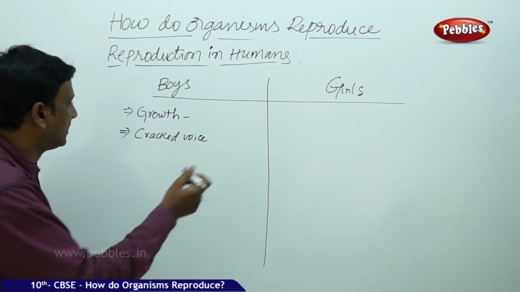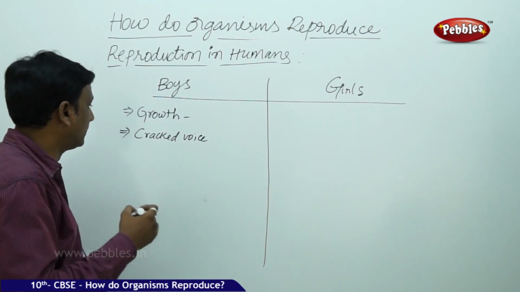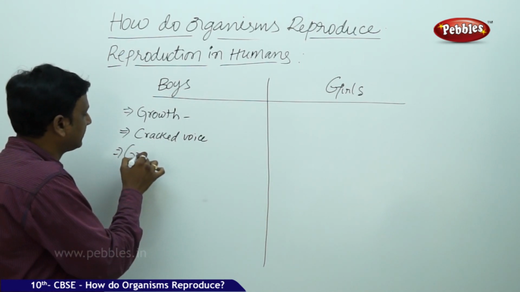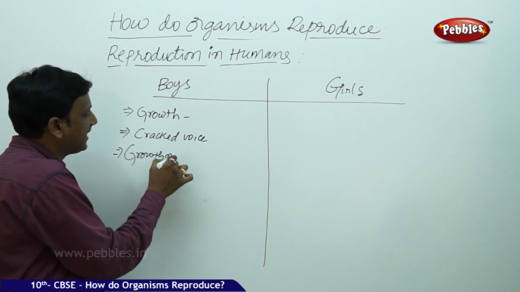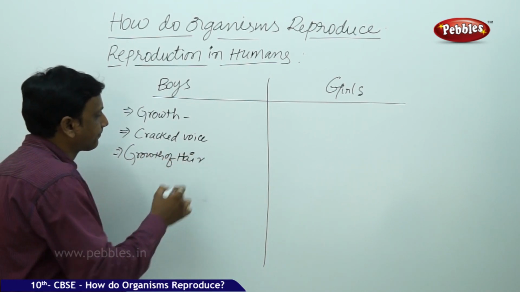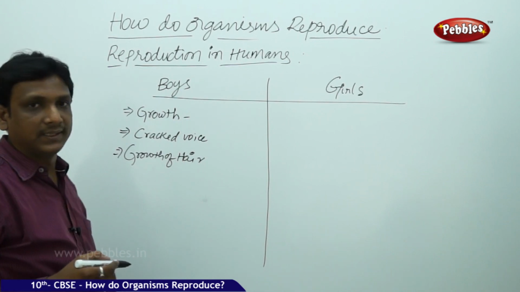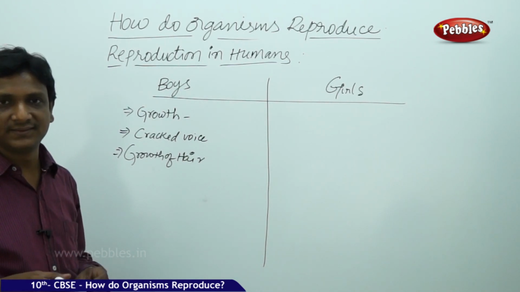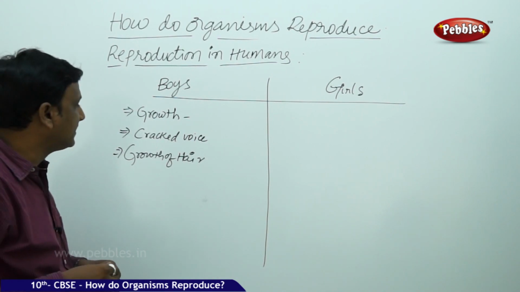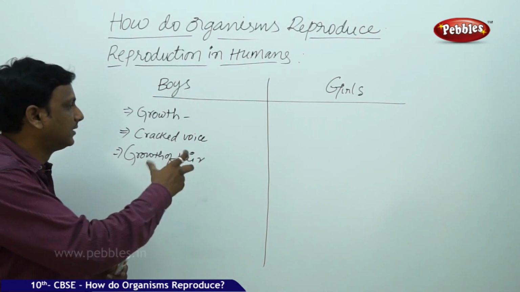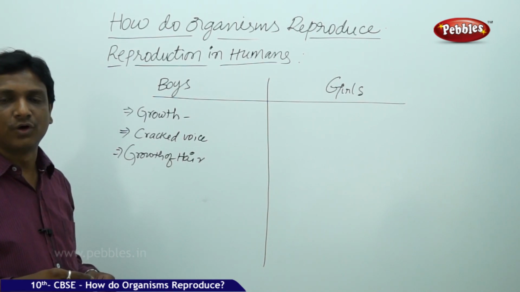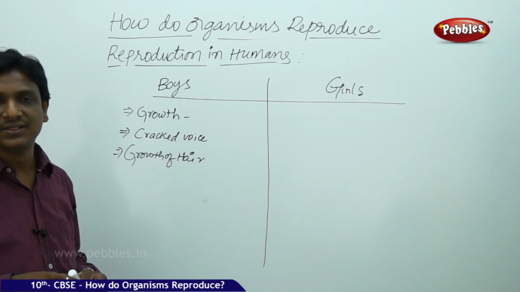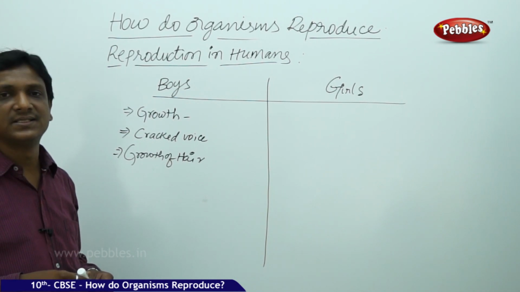That is due to this sexual maturation, the impact of the hormones: cracked voice, growth of hair on the body. So we see that we'll be having very thin hair on the body by birth, but at certain places the growth of the hair is observed, especially during the sexual maturation: formation of mustache and beards, formation of hair in the armpits and in the genital areas.